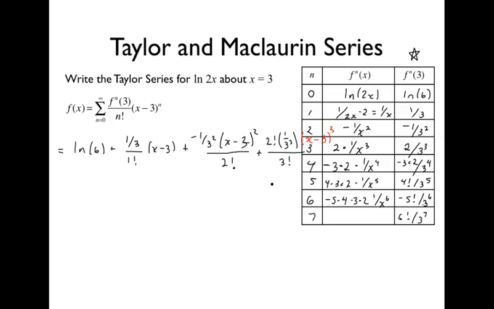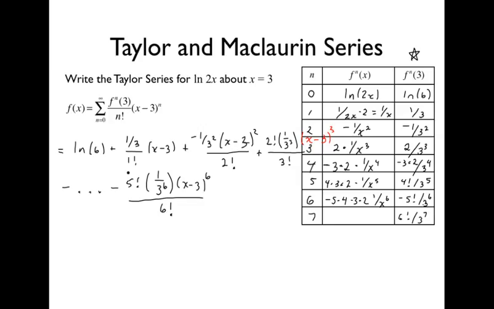So let's just skip ahead a little bit here. So minus dot dot dot. Let's skip ahead to n equals 6. n equals 6 will give us minus 5 factorial times 1 over 3 to the 6th times x minus 3 to the 6th all over 6 factorial.